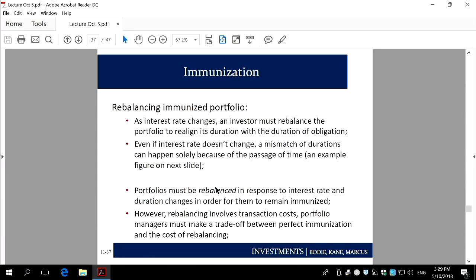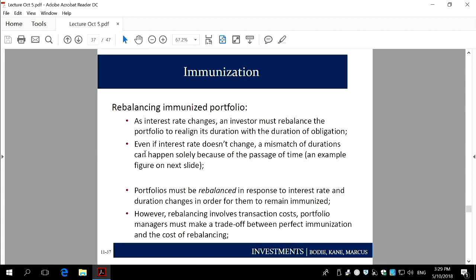But the negative side of immunization, I should not say negative side, but a more tricky side of immunization, is once you make this immunization today, in the future you cannot just let it go. You still need to spend time to rebalance the immunized portfolio.